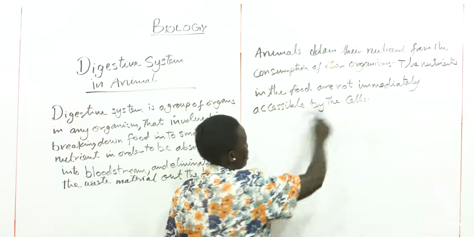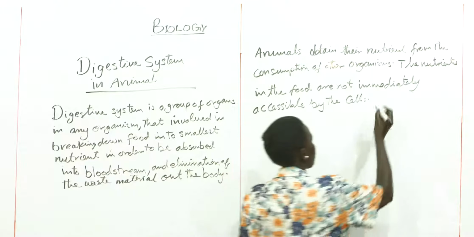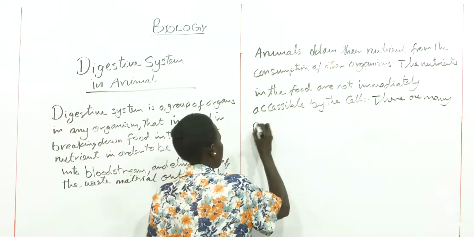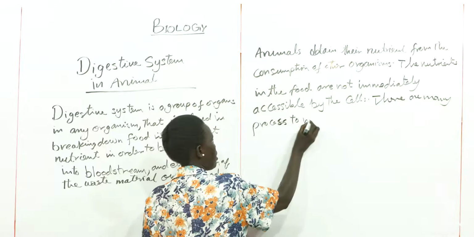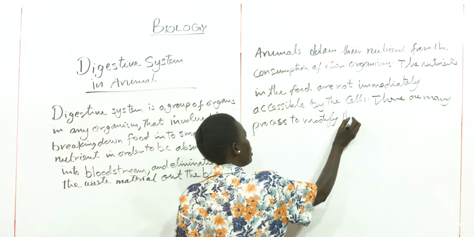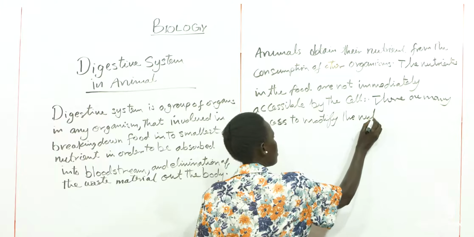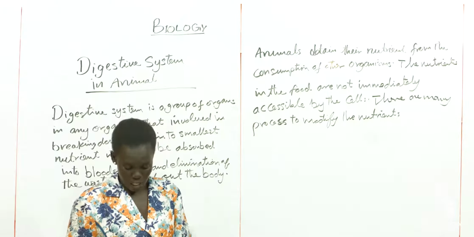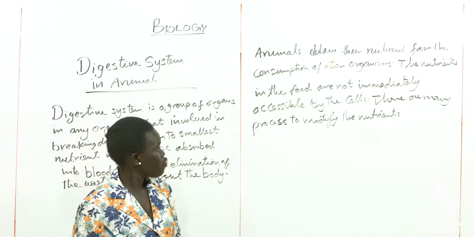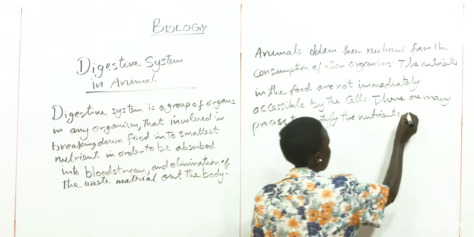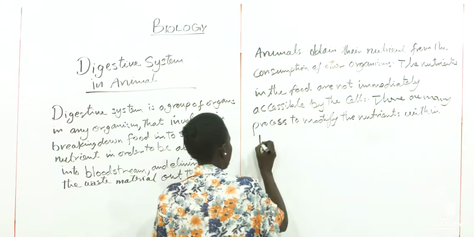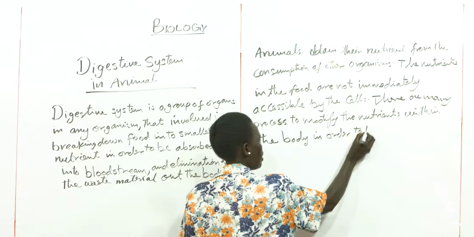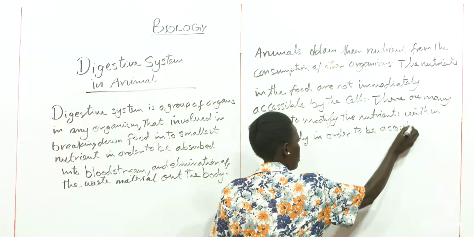Since we said this cannot be accessed immediately like that, there are many processes to modify the nutrient within the body, in order to be accessible by the cell.